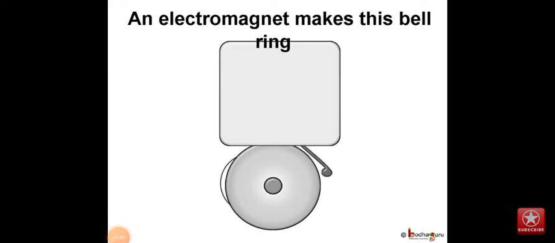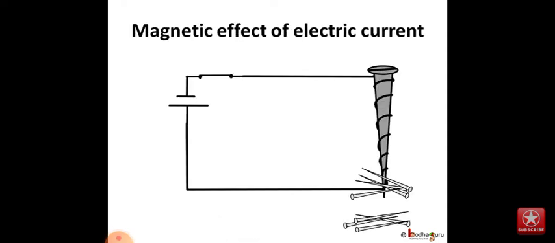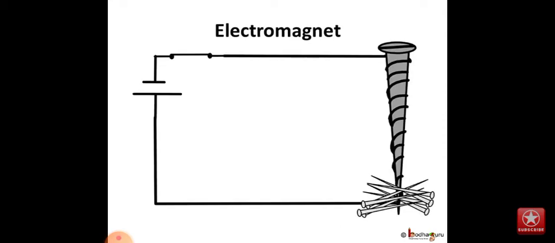Let me show you a video of this explanation. An electromagnet makes the bell ring. Magnetic effect of electric current, which we have seen earlier. The screw gets attracted towards the nail. This is the part of the electromagnet.